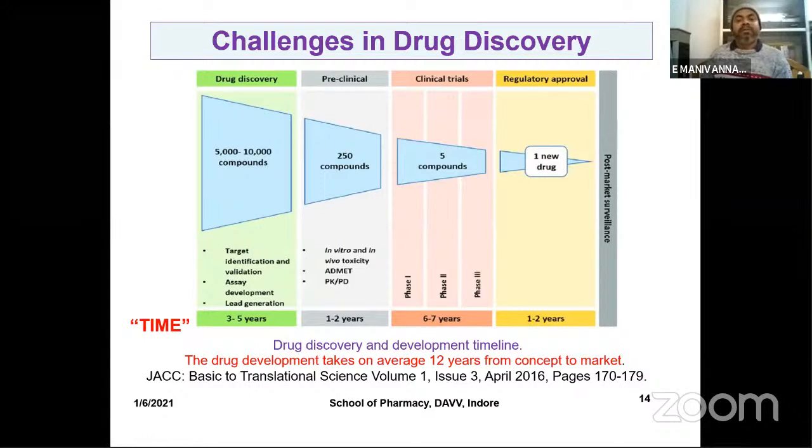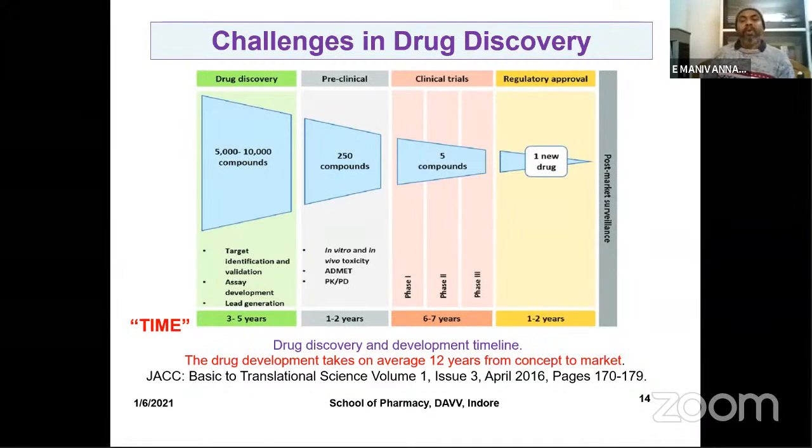Preclinical trials, which include the pharmacokinetic and pharmacodynamic studies, PK/PD, ADMET (absorption, distribution, metabolism, excretion, and toxicity screening), all take 1 to 2 years. Clinical trials, phase 1, phase 2, and phase 3, take 6 to 7 years. Regulatory approval takes 1 to 2 years, and then post-marketing surveillance.